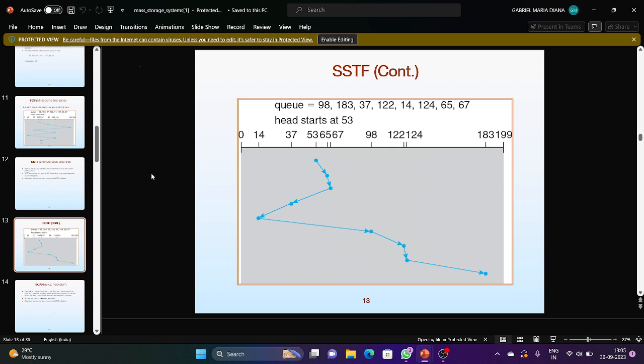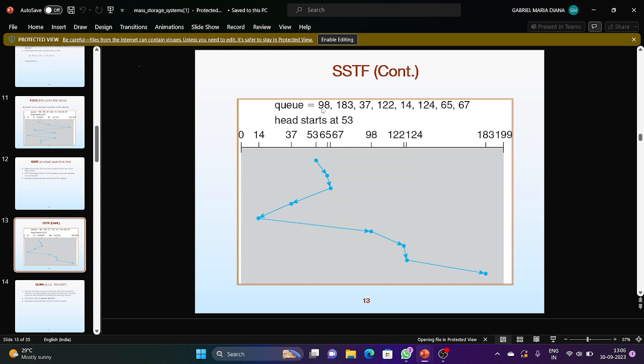Let us consider here after 53, whichever process is nearer to 53. The nearby processes for 53 will be 65 and 67. So whichever process has the shortest seek time will be served first.